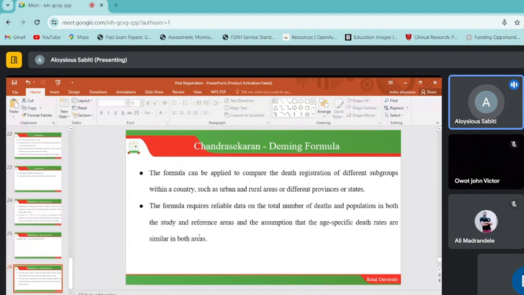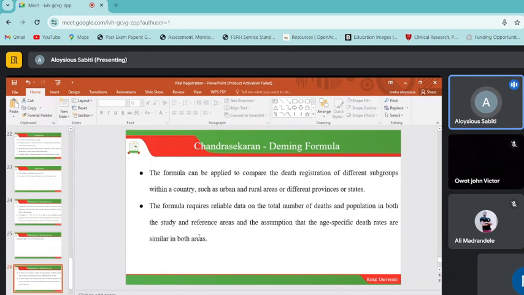So this formula can be applied to compare the death registration of different subgroups within a country, such as urban and rural areas or different provinces. So you will just need to substitute that provincial information in order to get the completeness of death registration in that particular province.